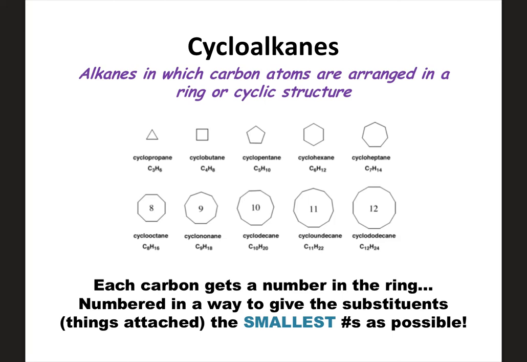So for example, if you had one group sticking off of one of your carbon atoms here in cyclobutane, you would number in a way so that that group would be on carbon 1. You wouldn't want that group on the fourth carbon, if you will.